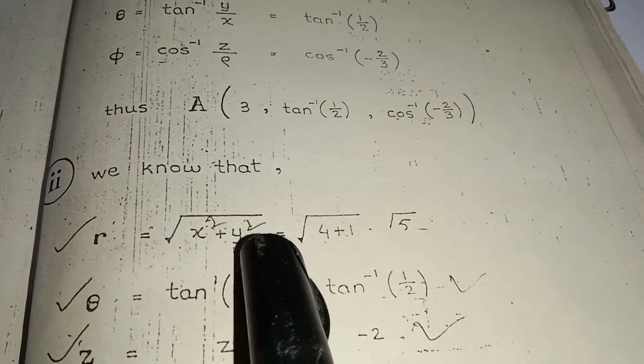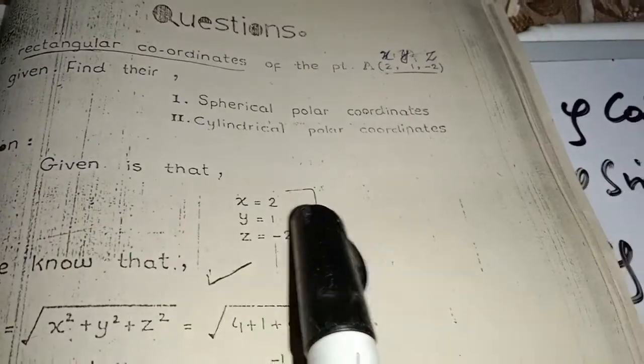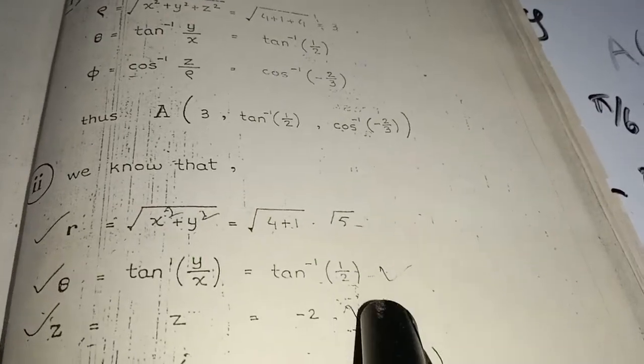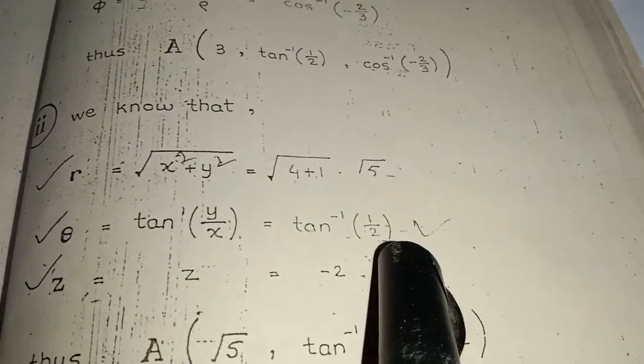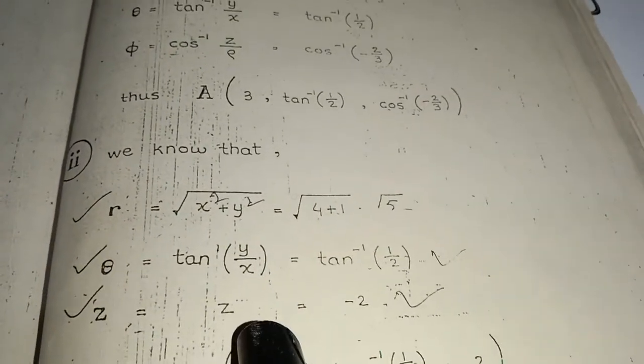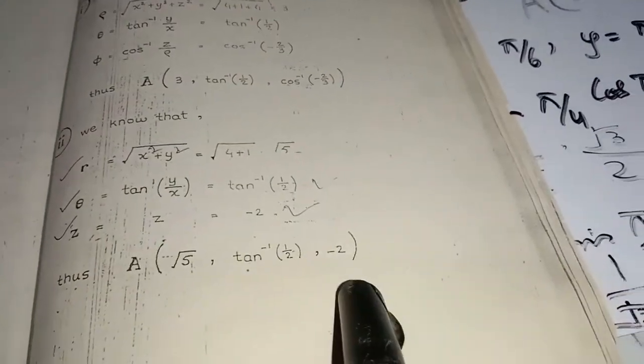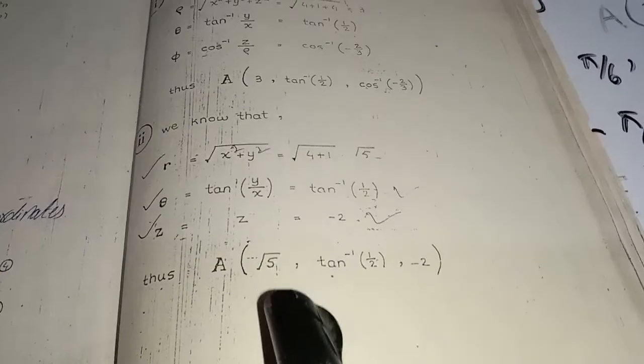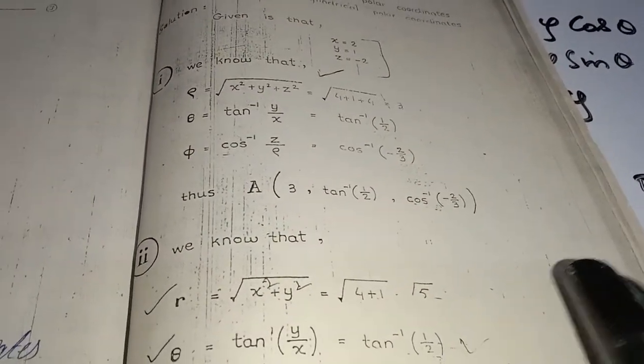We know that y is 1 and x is 2. So tan inverse of 1 by 2. z is equal to z, here z is equal to minus 2. So these are cylindrical coordinates.